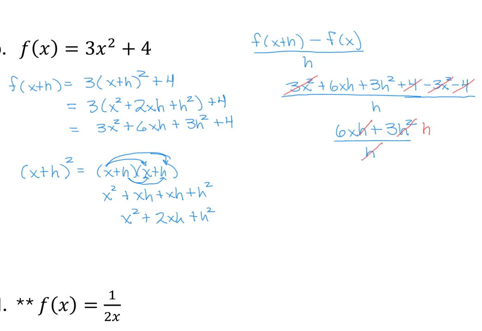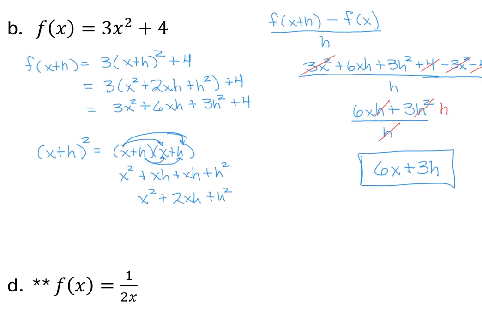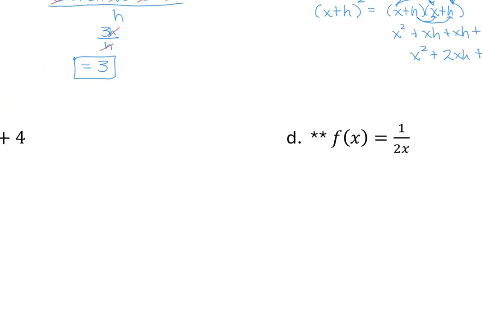And then we can cancel the h in the denominator. And so what we are left with, our difference quotient, is equal to 6x plus 3h. And we're done. All right, let's look at some other examples that are a little bit more complicated.